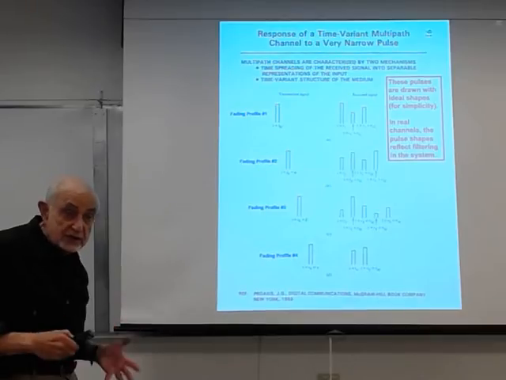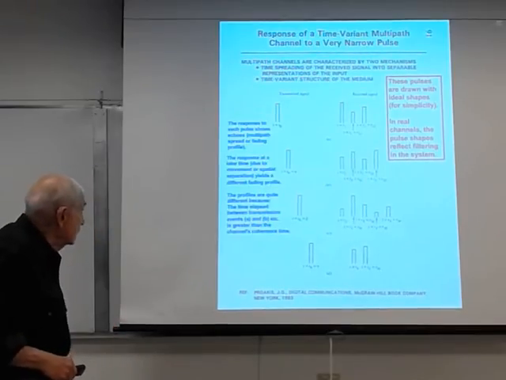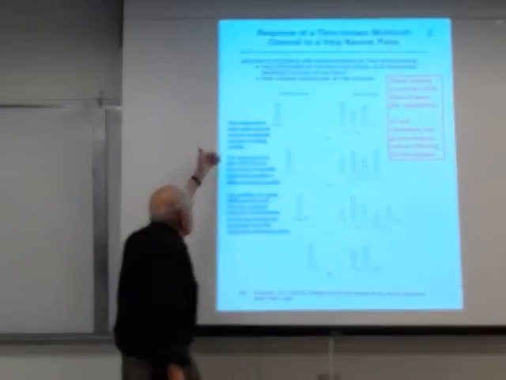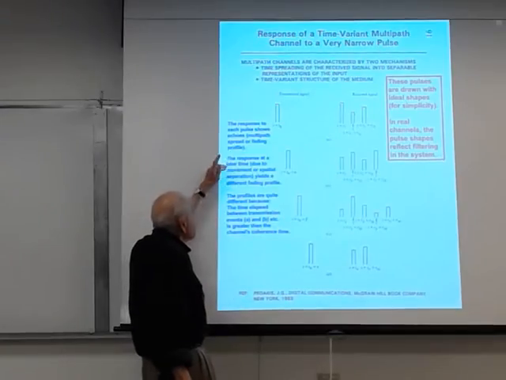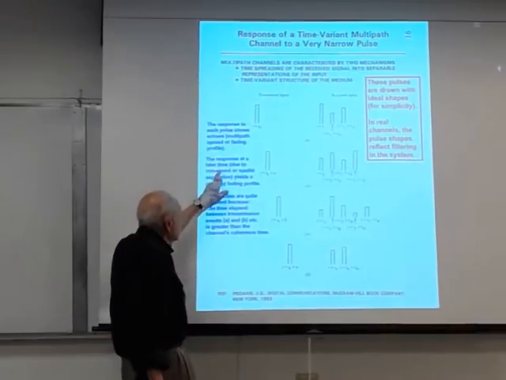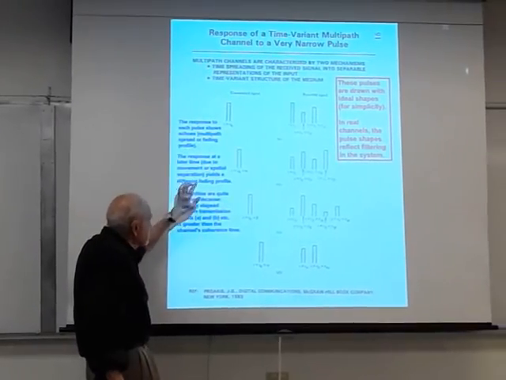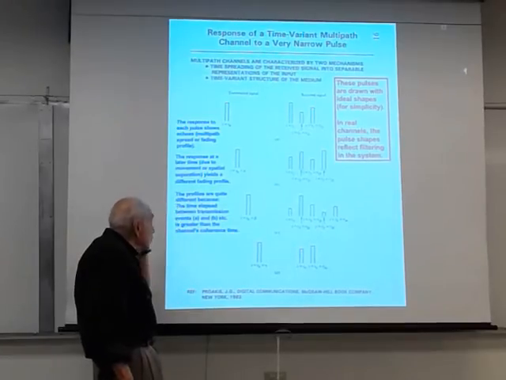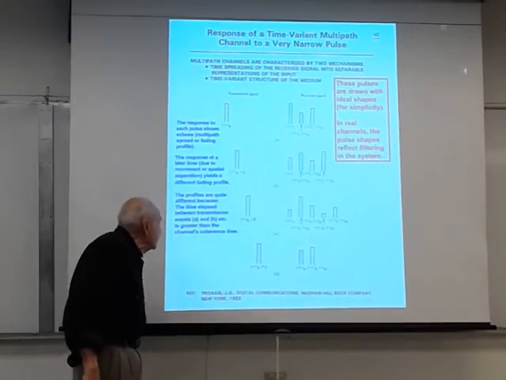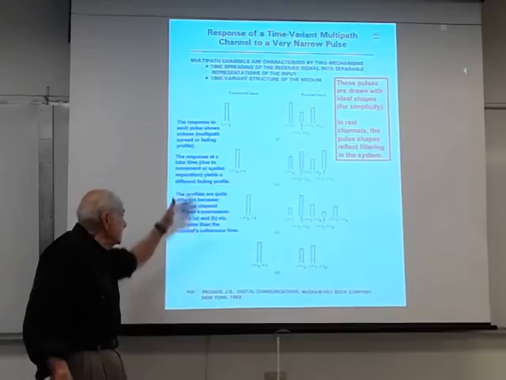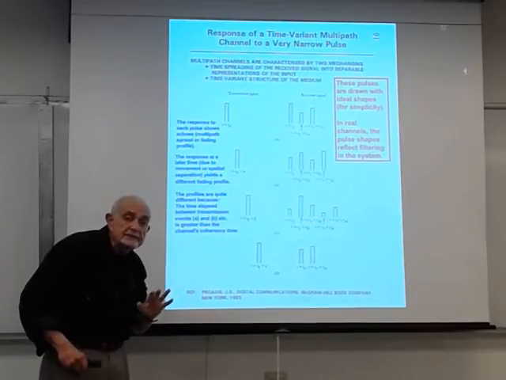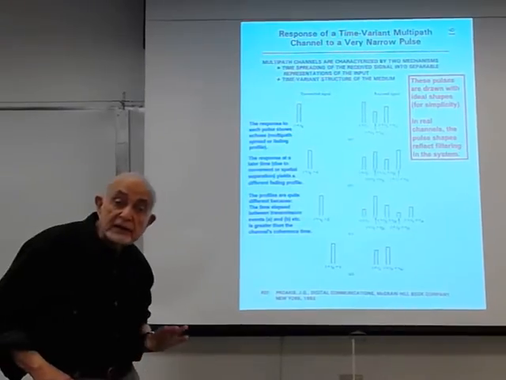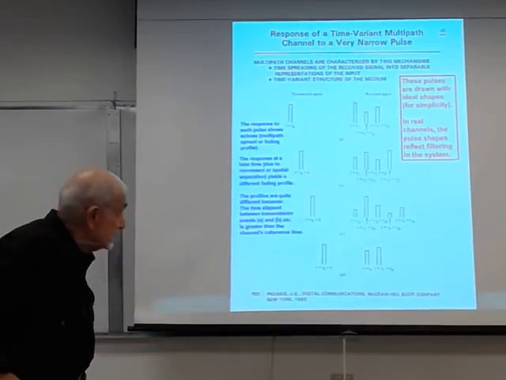So you're not seeing the same fading profile. So the response to each pulse shows the echoes, multipath spread or fading profile. The response at a later time due to movement or spatial separation is a different fading profile. And the profiles are quite different because the time elapsed between the transmission events, A and B, etc., is greater than, and you can't appreciate that now, but you will later, greater than the coherence time of the channel.